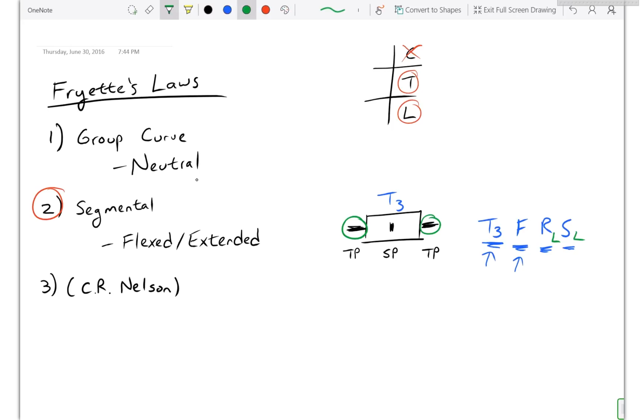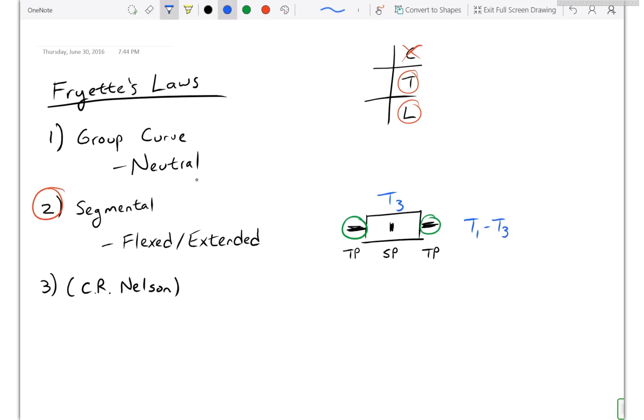Now, when we talk about Fryette's law number 1, we're talking about a group curve. So instead of talking about just one segment like T3, we might be talking about the segments T1 to T3. So let's imagine right now we are examining T1, T2, and T3, and we find that there's a somatic dysfunction there. So when we name it, we're going to name it through the range of all the segments that it involves. So we're going to name it T1 through T3.